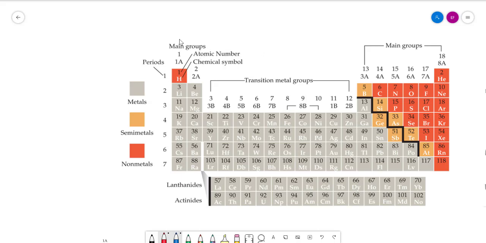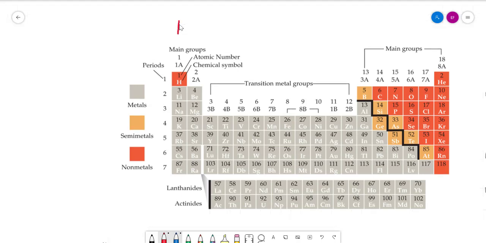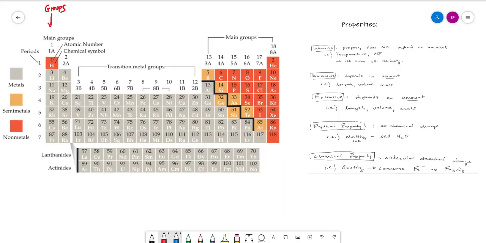And they're arranged in these groups, and we have either these vertical columns, which we call groups, or these horizontal organizations, which we call rows, or sometimes periods, either way. The periodic table, with these groups and rows, is organized by, as I mentioned before, a set of observable properties that scientists looked at over the last several hundred years.